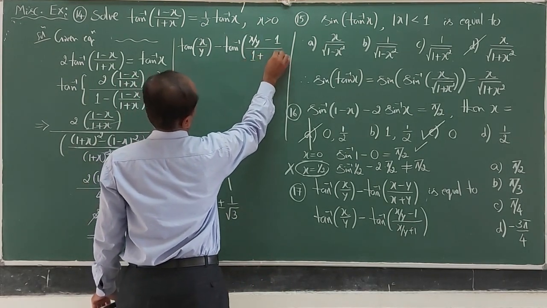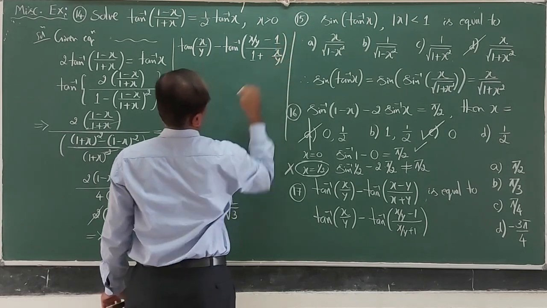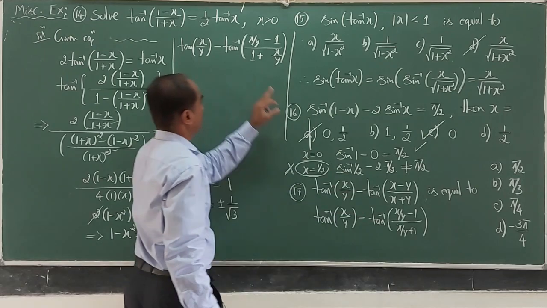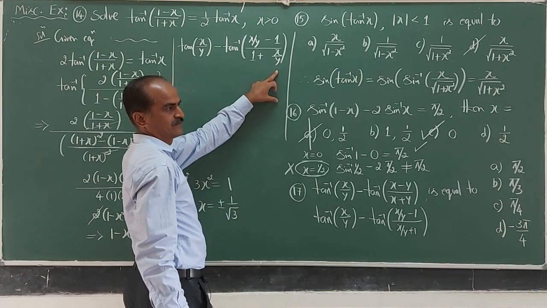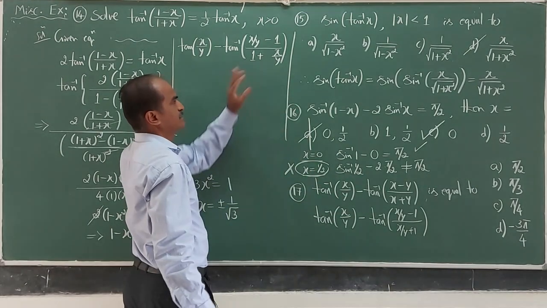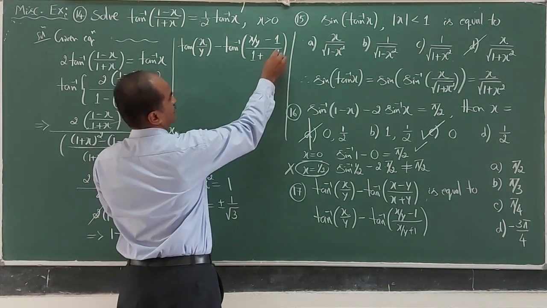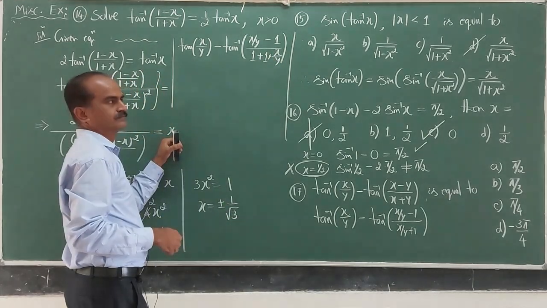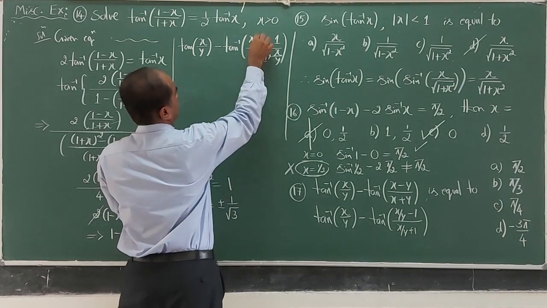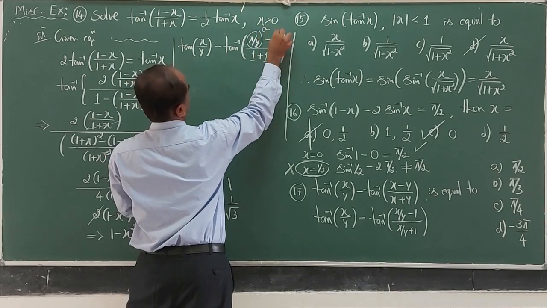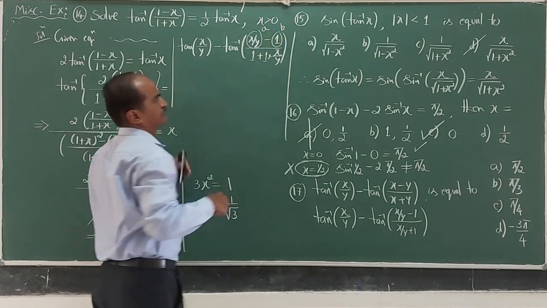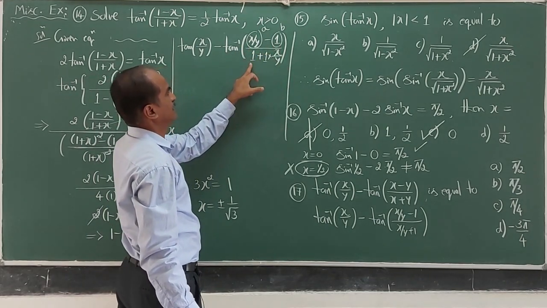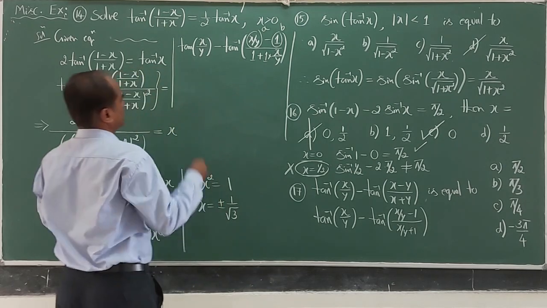It is 1 plus x by y. I am writing x by y plus 1 as 1 plus x by y. A plus b is same as b plus a. Now, this x by y is multiplied with 1. Now, check. I read this x by y as a and 1 as b. What it becomes? Tan inverse of a minus b divided by 1 plus ab.